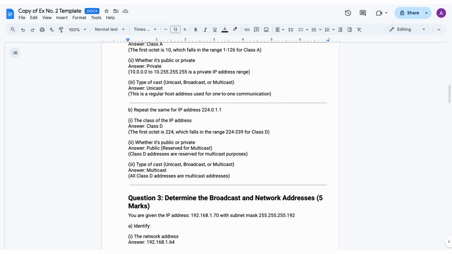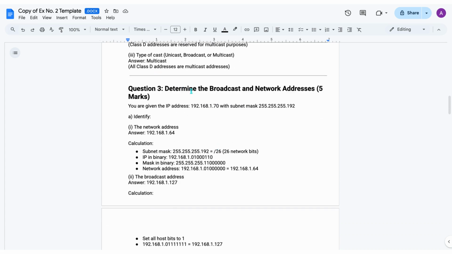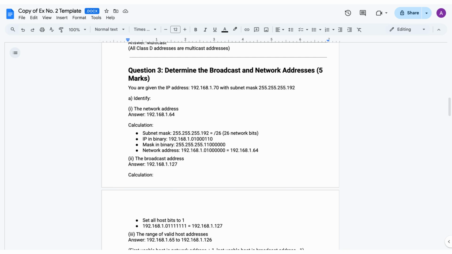Let's move on to the next question, which is determining the broadcast and network addresses. We are given the IP address 192.168.1.70 with a subnet mask of 255.255.255.192, which is a /26 network. To find the network address, we perform a bitwise AND operation.